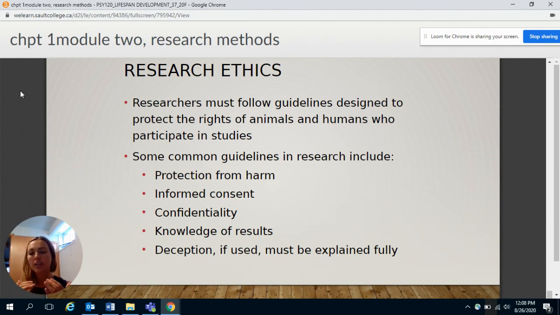You can't do that, right? You have to tell the person what they're signing up for. And if you have to deceive that individual, because it would influence the outcome of the study, you would have to fully explain that deception at the end of the study.